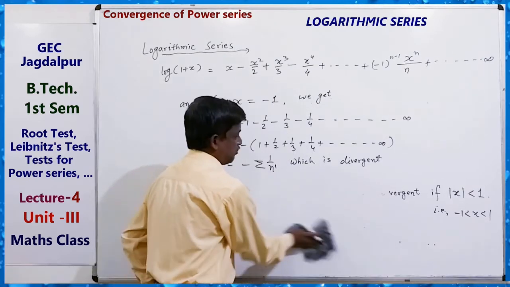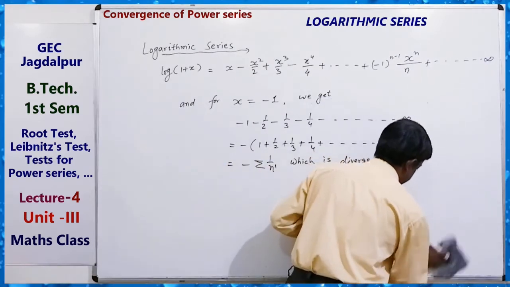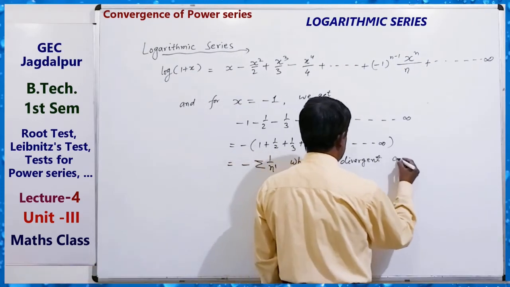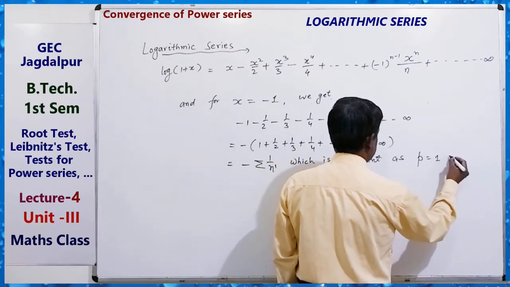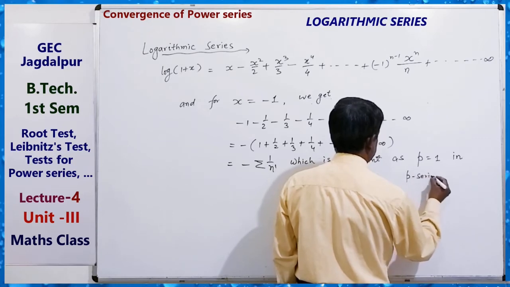So for p equals to 1 in the P series, it is divergent.